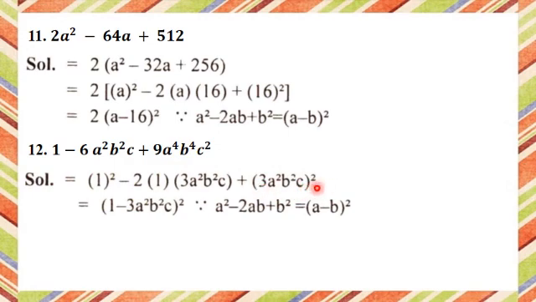So take a whole square over here, and then in between you have minus. So minus 2 into 1 into 3a square b square c, and when you are going to close the formula, it will be a perfect square of 1 minus 3a square b square c whole square.